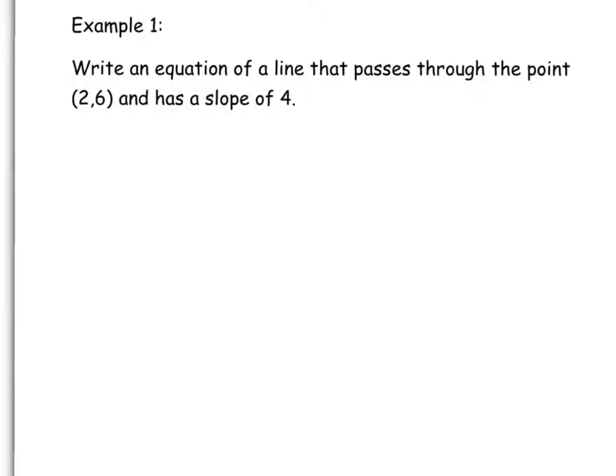So this is really simple if you remember solving equations like we did in our whiteboard activity. The 2, 6 is our x and our y, and the slope, remember, is the m. So our goal is to write an equation of a line that passes through this point, 2, 6, and has a slope of 4. So remember what we're doing. We're writing it in y equals mx plus b.